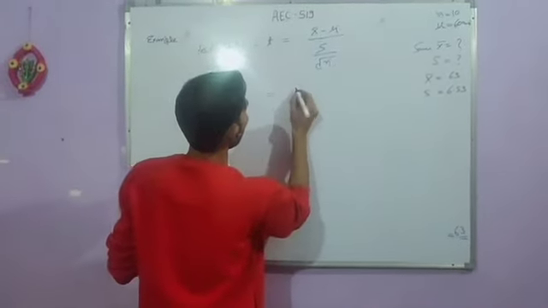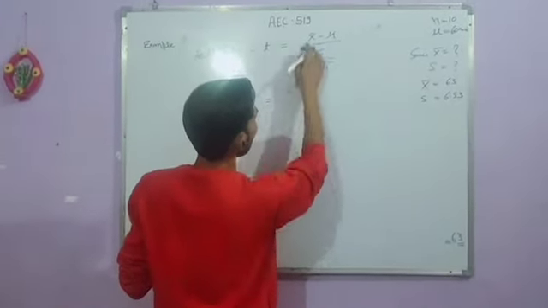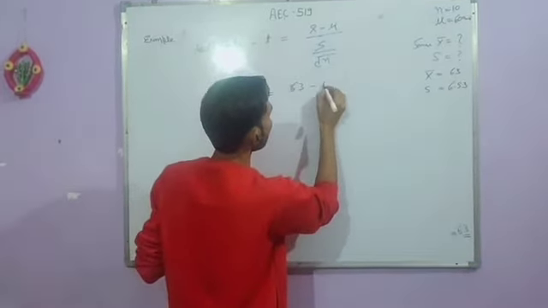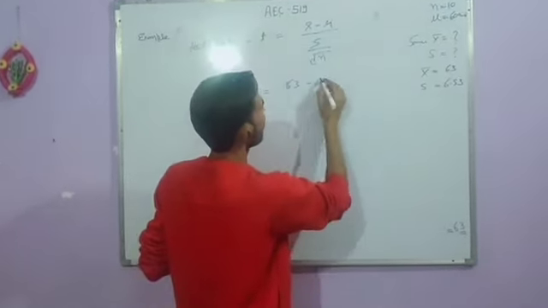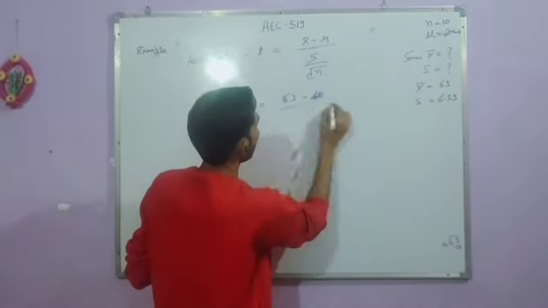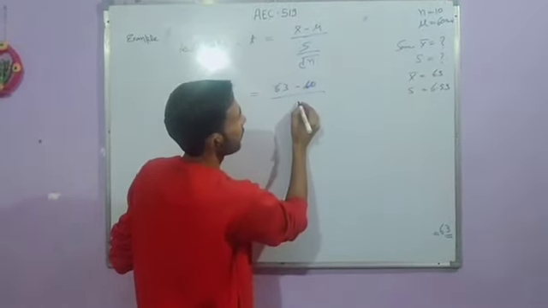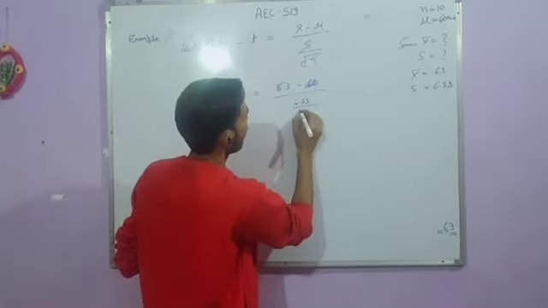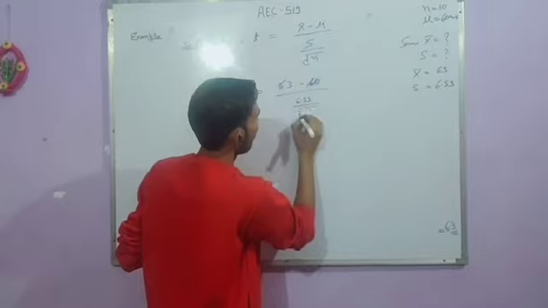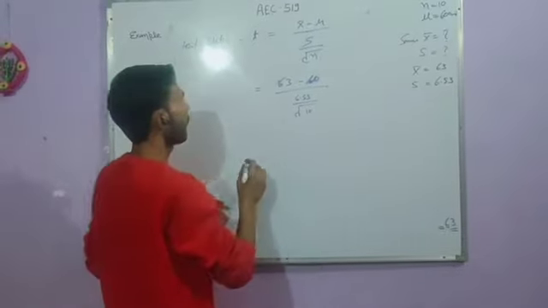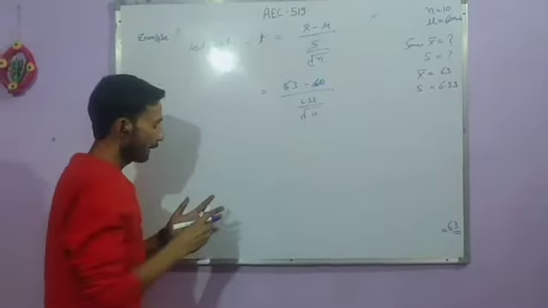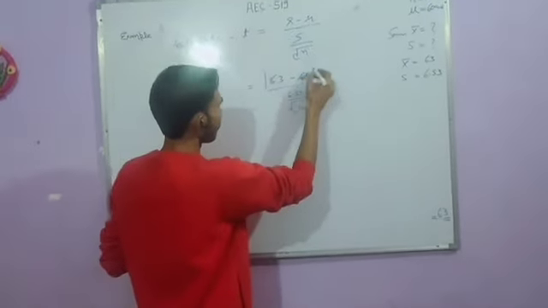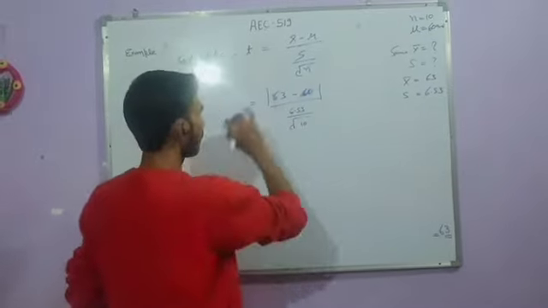Now we put the value of x bar 63 minus mu value 60, divided by s 6.53 divided by under root n. Under root n means under root 10. Okay, any T statistic is written in mode form. Okay, so this is mode.